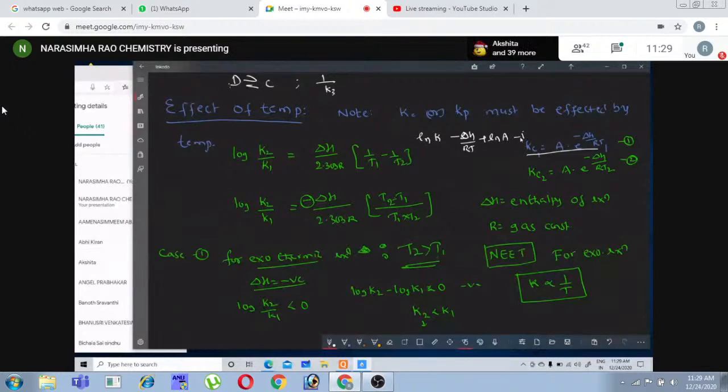Equation 2 is, if we take K2, this is next: ln K2 is equal to minus delta H upon RT2 plus ln A. When we subtract this equation from this equation, it becomes this one minus this one.